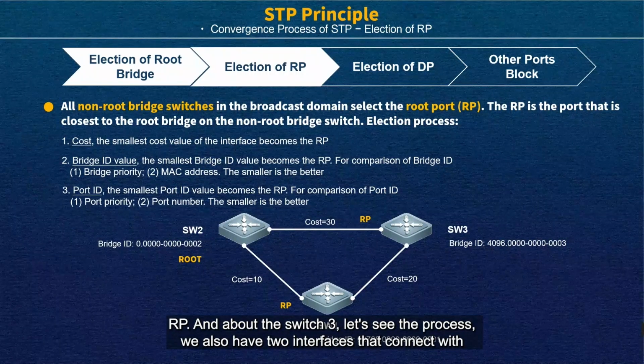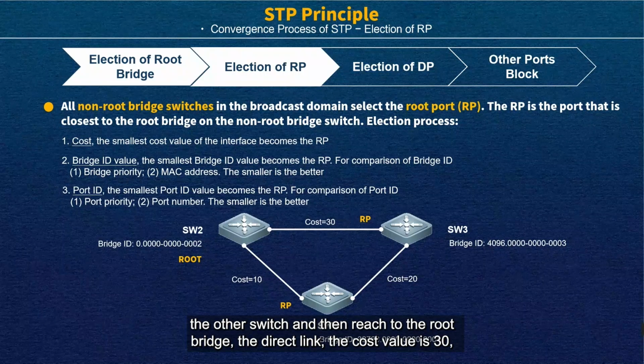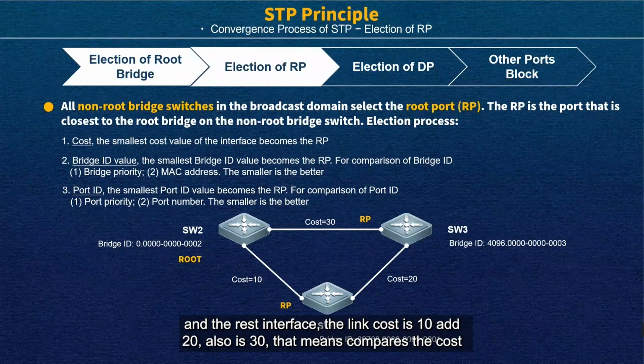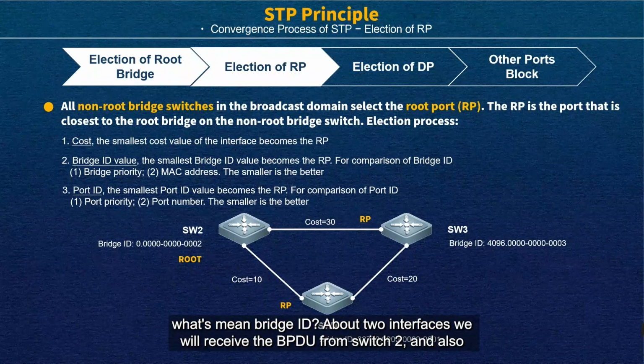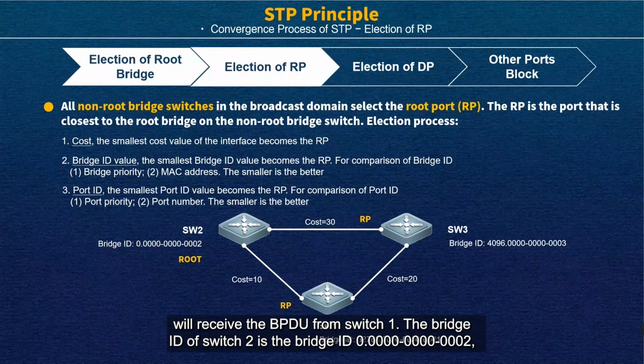And about switch 3, let's see the process. We also have two interfaces we can connect with, one to the root directly and the other through the other switch. One direct link, the cost value is 30. And the rest interface, the link is 10 and 2 also is 30. That means comparing the cost value, we cannot select the smallest one to become RP. Then we will compare the bridge ID. What does bridge ID mean? On the two interfaces, we will receive the BPDU from switch 2 and also the BPDU from switch 1.